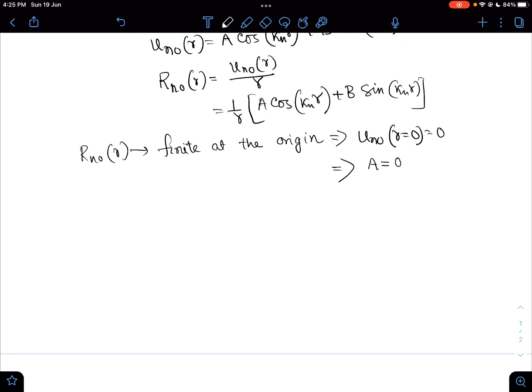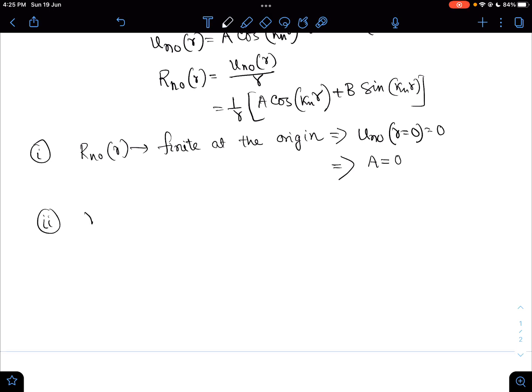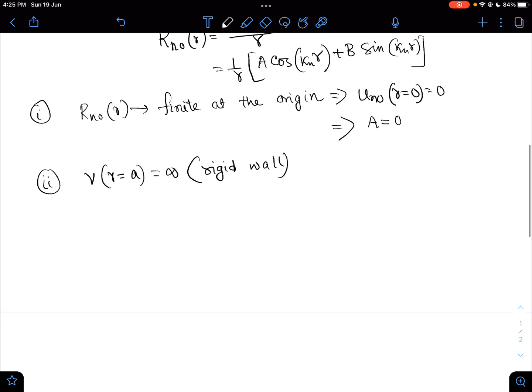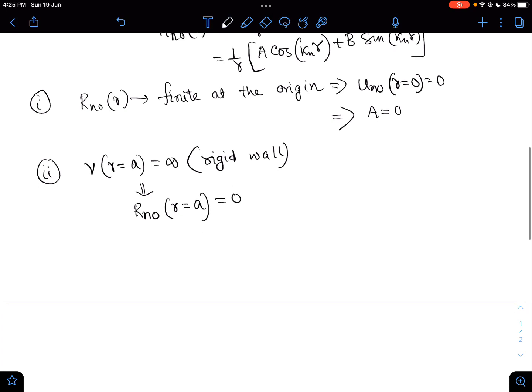Also we know that the potential is infinite at r equal to a, so we are just applying our boundary conditions. This is our first boundary condition. What is our second boundary condition? The second boundary condition is that the potential at r equal to a should be infinite. It is basically a rigid wall. So for that, our radial wave function R_n0 at r equal to a must vanish.